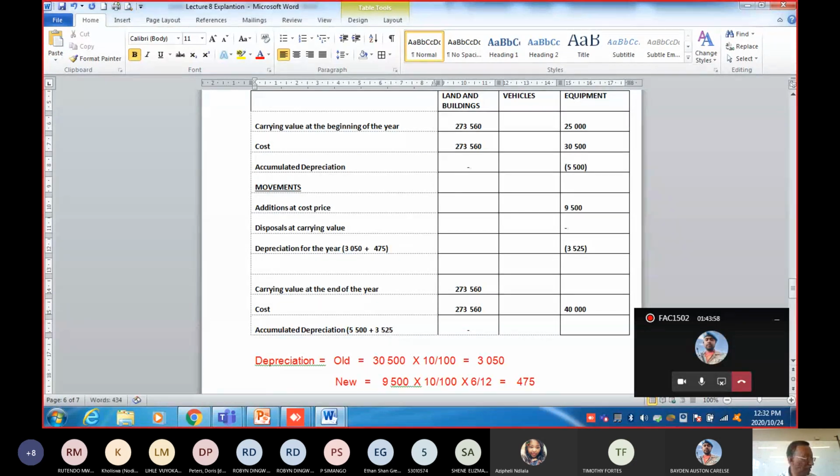So your accumulated depreciation at the end of the year is 9,025, resulting in carrying value.